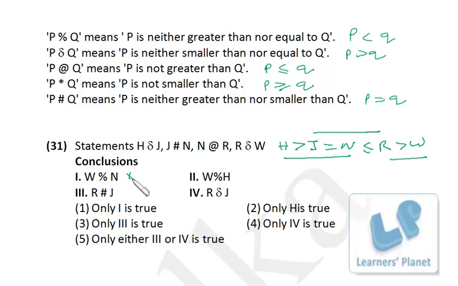So no need to decode this. W and H, W from this sequence and H from this sequence, no relationship will be there. R and J, yes, they are from the same sequence.